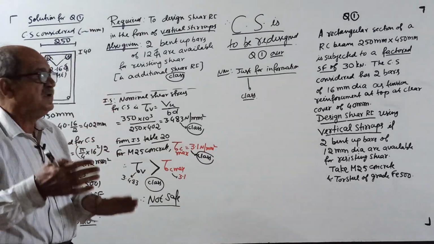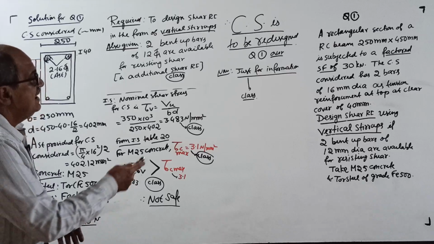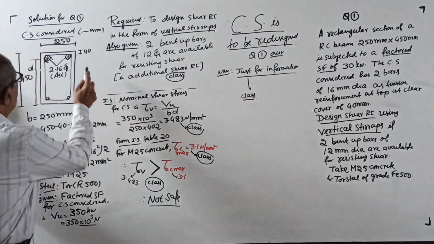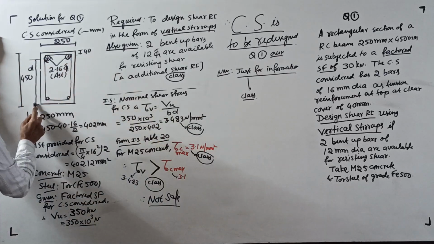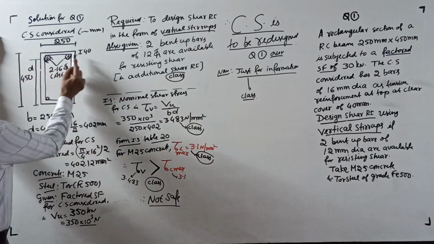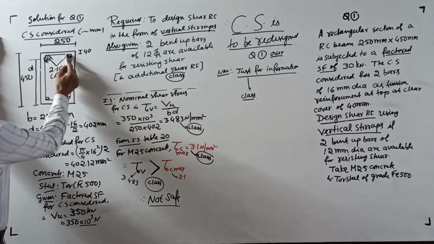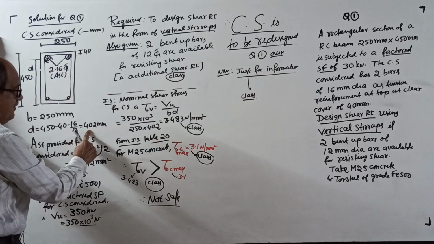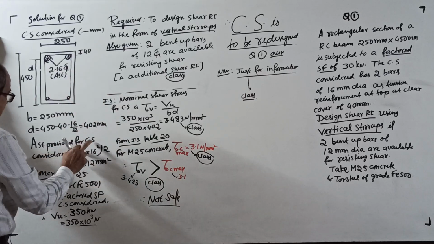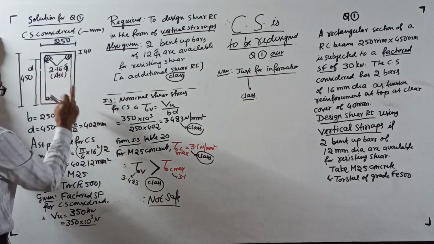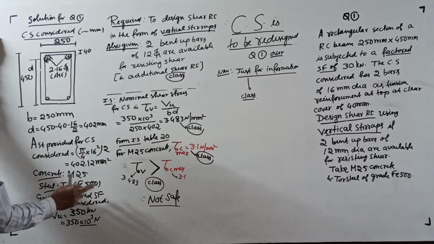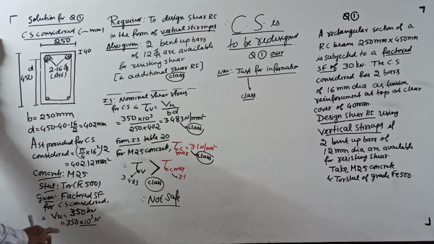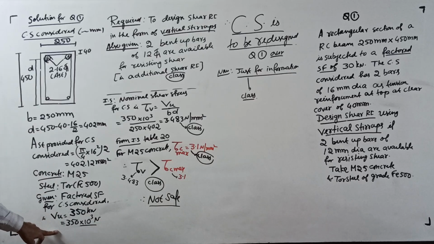Bending moment is hogging, but we don't require it. Remember, clear cover of 40 mm. Therefore, your d will be 450 minus 40 minus half of 16, 402 millimeter. Ast provided for cross section, pi by 4 of 16 square into 2. Concrete given, steel given, and factored shear force directly given.